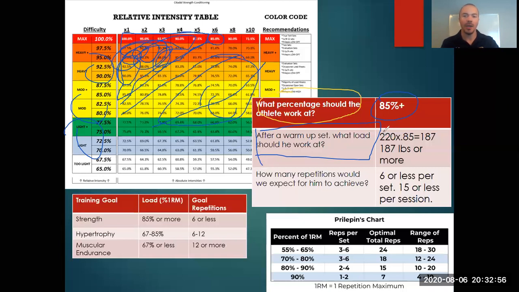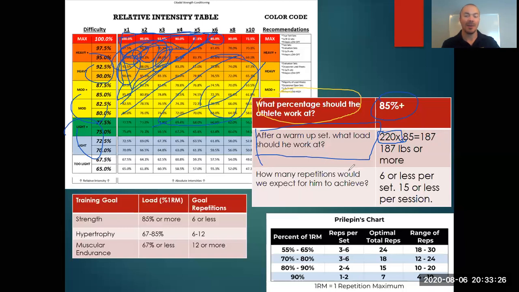So once we're done warming up, what load should he or she work at? Well, let's look at what our estimated 1 rep max is. That's 220 pounds. Let's multiply it by 0.85, which represents 85%. That's going to give us 187 pounds or more. So the minimal weight, once we are working in our strength zone, in our 85% and above zone, is 187 pounds.